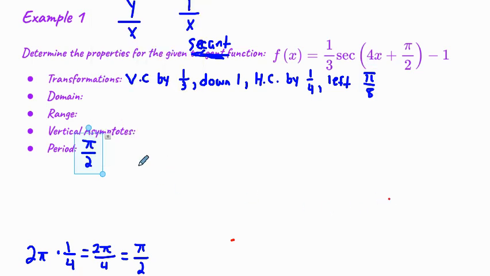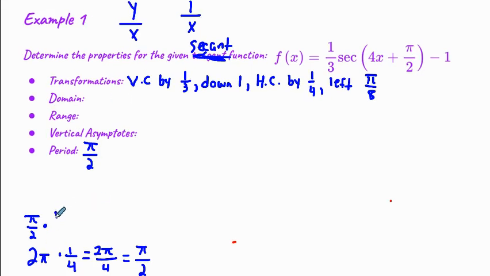Okay. Now, looking at the vertical asymptotes, our initial vertical asymptote, again, is always the same as the tangent one. It's pi over 2. And we're going to multiply by our horizontal compression. So that's 1/4.